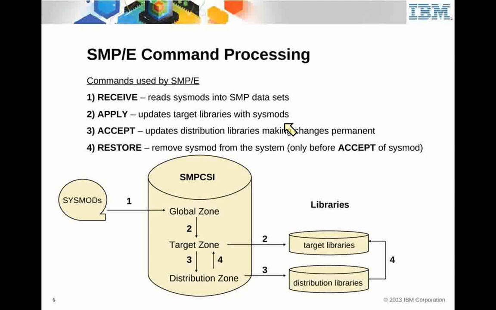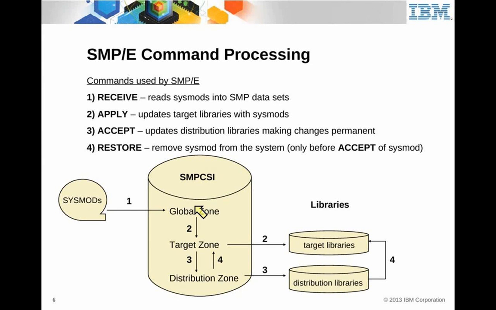Let's take a fix. You receive a fix, you put it in the global zone, you apply the fix to the target libraries. At this point, after the fix is applied, it has only updated the target libraries. The distribution libraries have not been updated with that fix at this point.